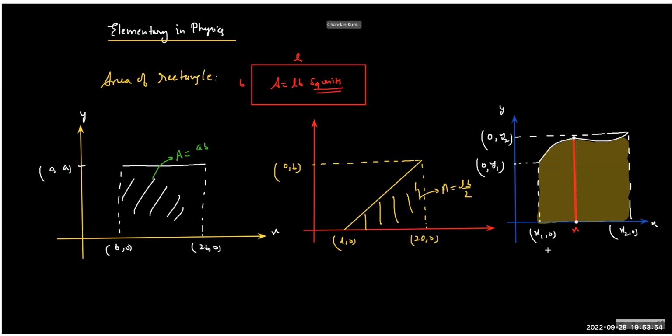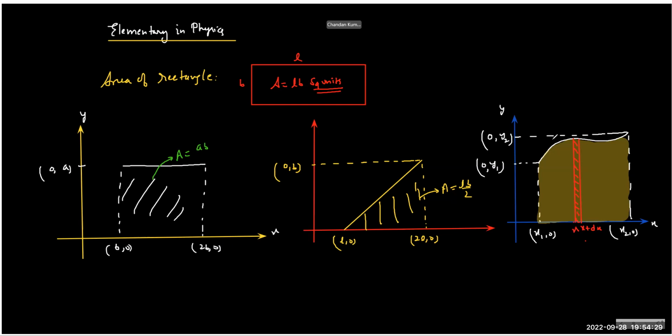It is called dx thin. So to demonstrate, I'll draw it slightly bigger. And now this is a rectangle. We know this is x and the next line is at a distance x plus dx. So what is the width of this rectangle? It is dx, correct.